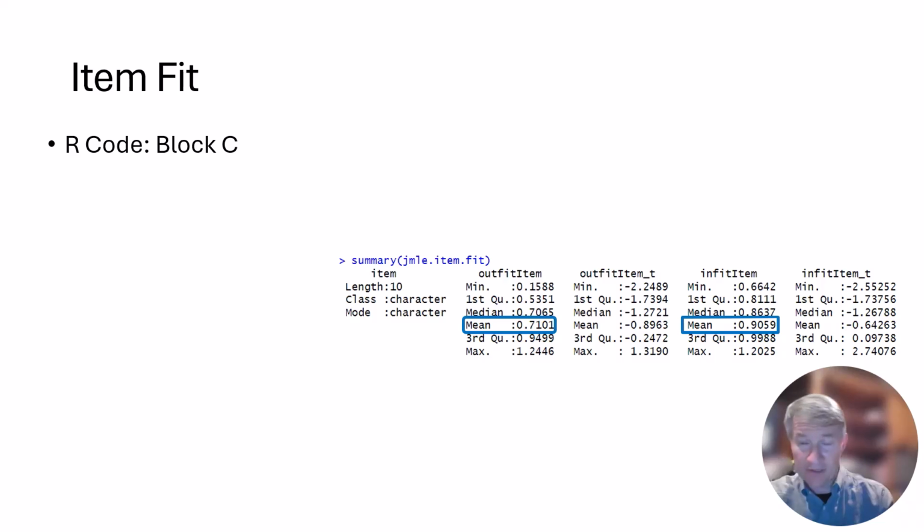Ideally, these averages would be close to 1. So with regard to item infit, we're not too far from that ideal situation, but the outfit average value is somewhat distant from 1.0, so I suspect if there are any problems with fit, they're going to be in the outfit domain, not the infit domain.